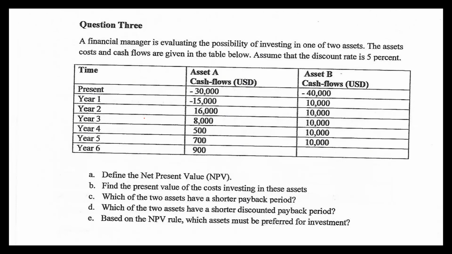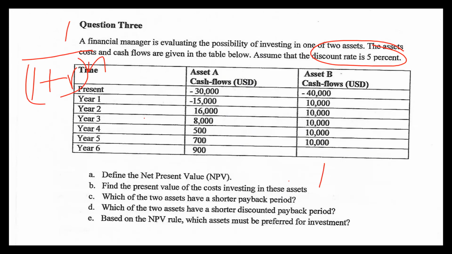There is 5%, that's the discounting rate. To start with, you have to first find the discounting factor. To find the discounting factor, you say 1 divided by 1 plus R to the power n. You remember what I said last time.